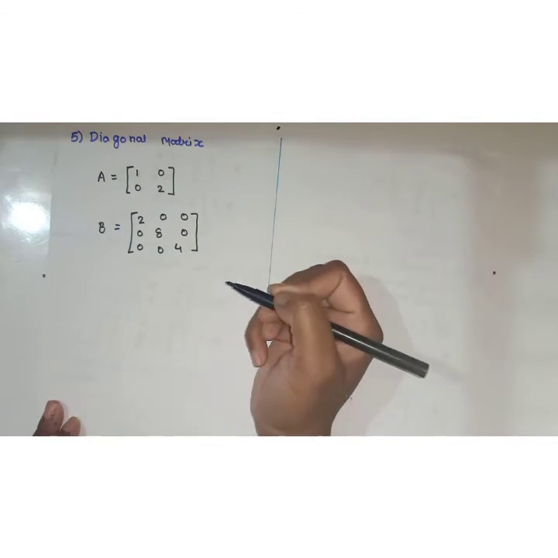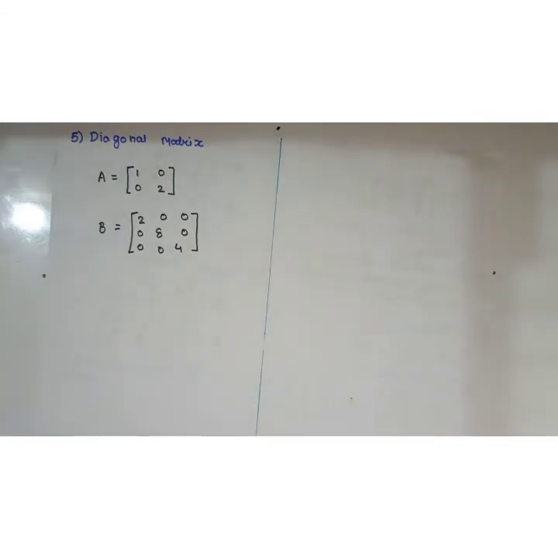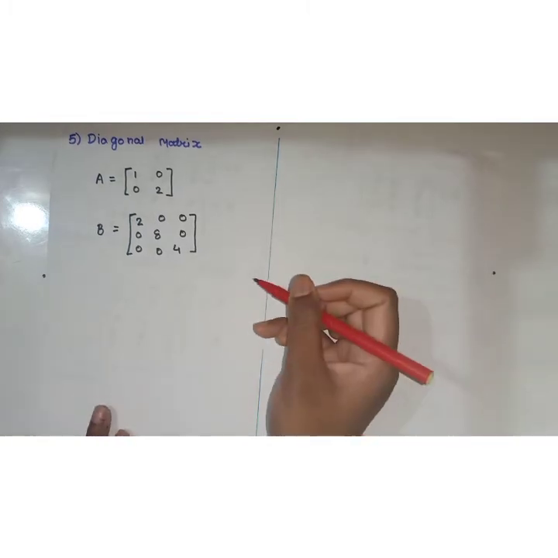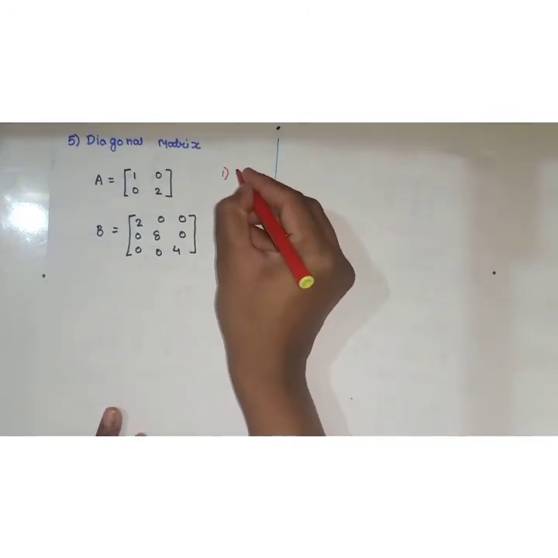Now, what is a diagonal matrix? In a diagonal matrix, the diagonal elements are non-zero elements. Very first thing, a diagonal matrix should be a square matrix. The conditions needed for a diagonal matrix are which? Very first, it should be a square matrix.